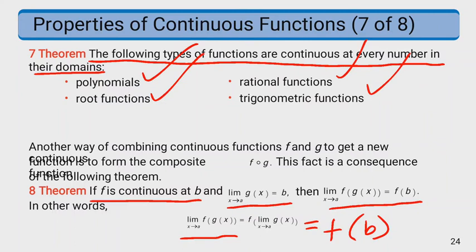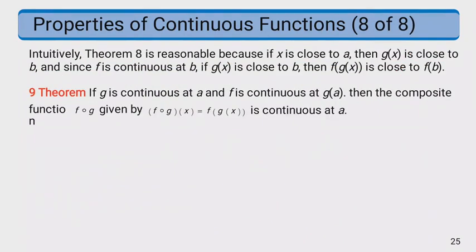But remember, the assumption is that f is continuous at b, and also the limit of g exists and is b as x goes to a. Then you can find the limit of f of g of x as x approaches a. That's one thing you bear in mind as you work this problem.